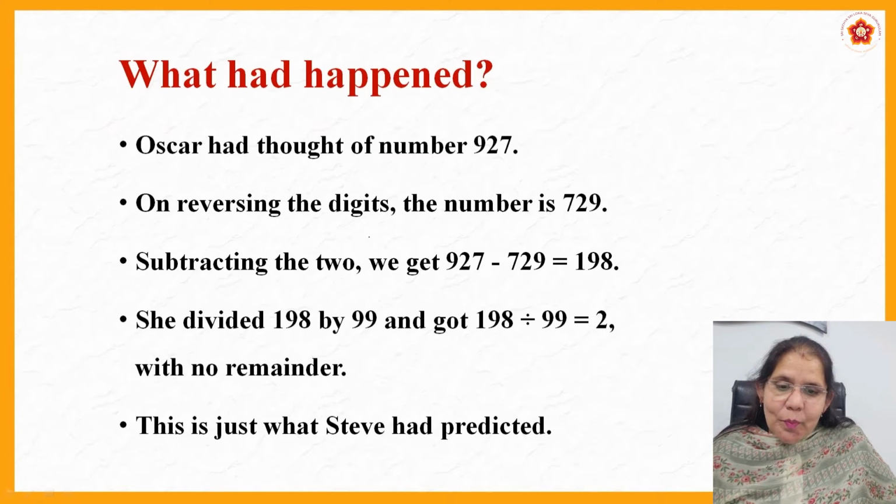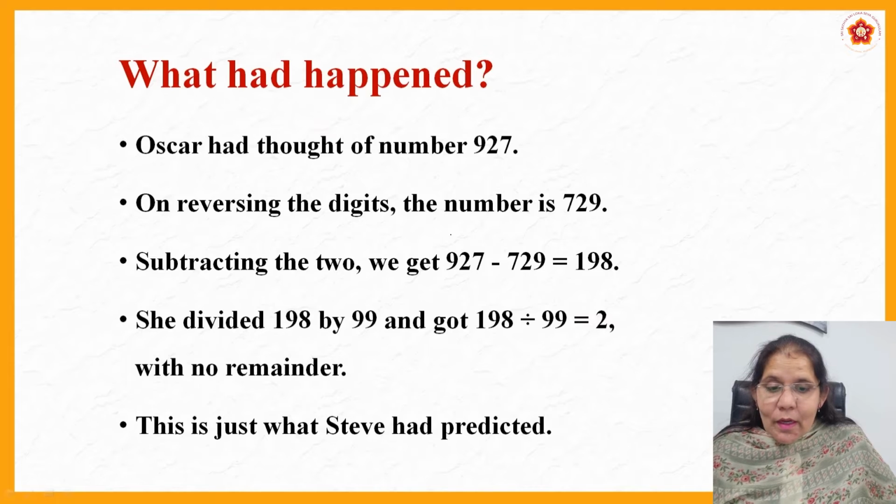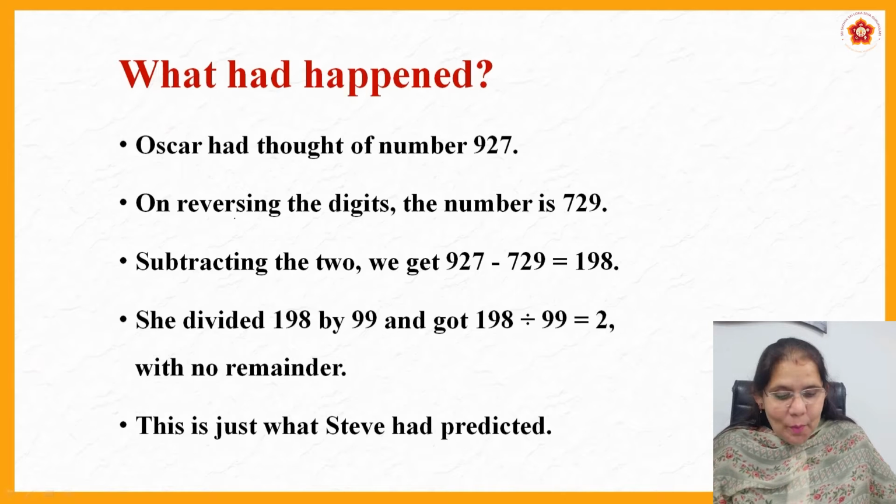Subtracting, she got 927 minus 729 equal to 198. She divided 198 by 99 and got 2 as the quotient with no remainder. And this is just what Steve had predicted.